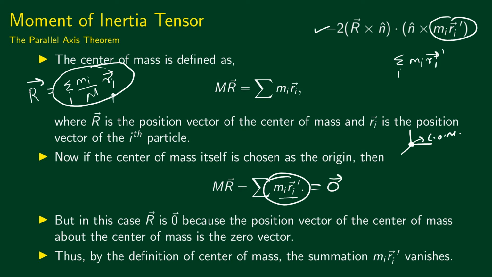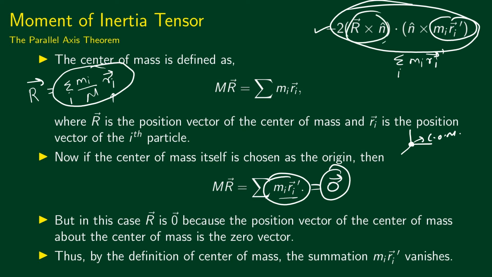This just says that in this coordinate system, the center of mass is at the origin. Which means that this term is 0. Here we have the dot product between a vector and the 0 vector, which gives us 0. So by the definition of center of mass, the summation over i of mi Ri vector prime is 0.